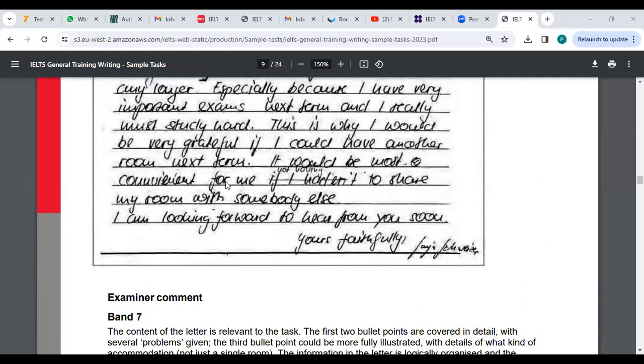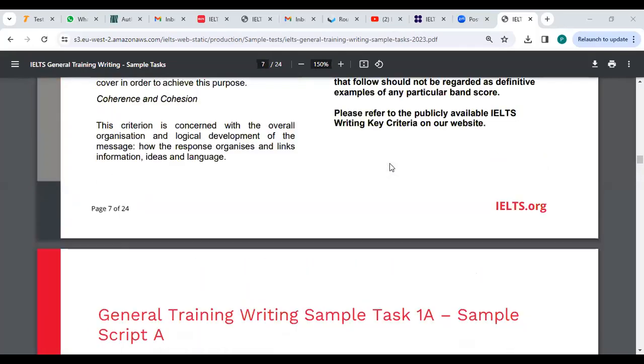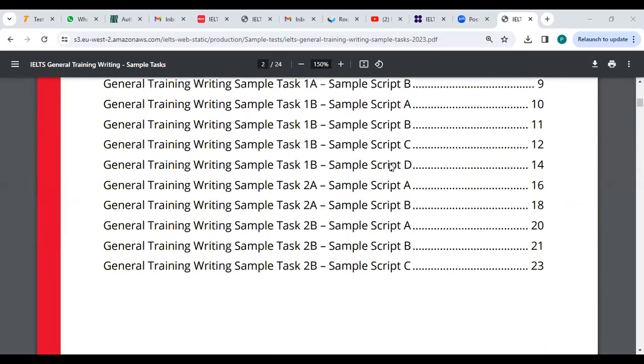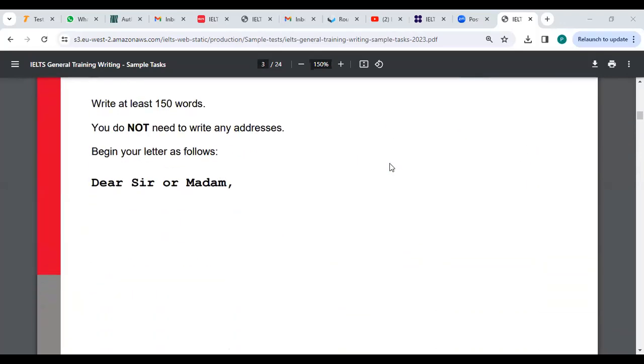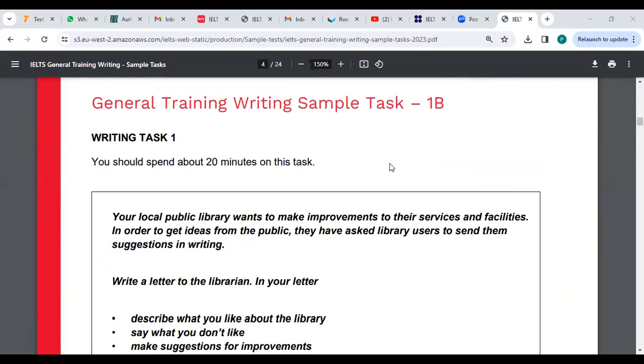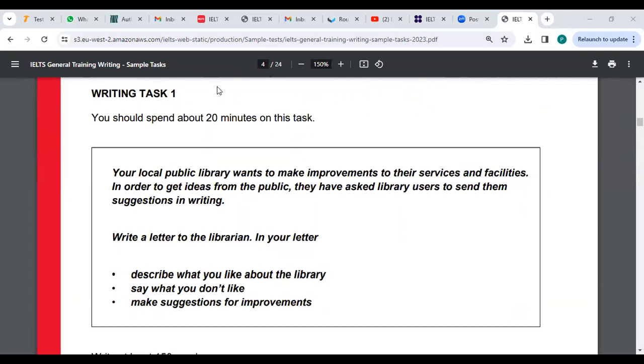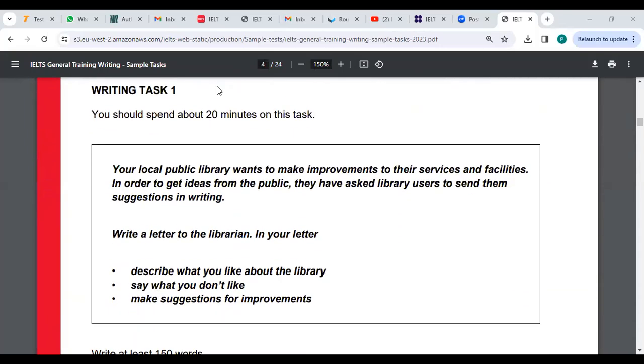I want to share another one with you. Writing task 1.